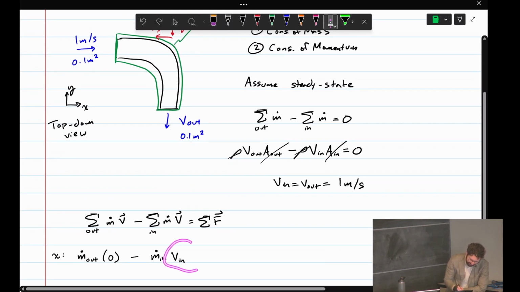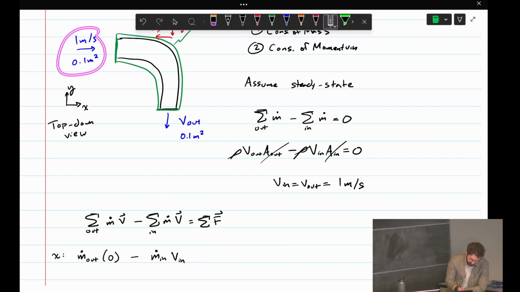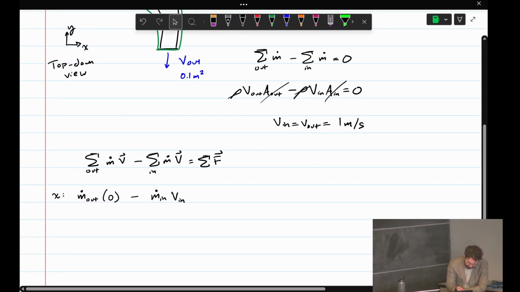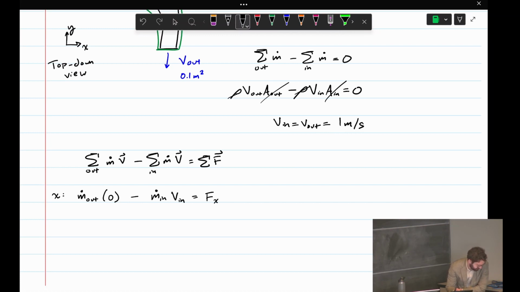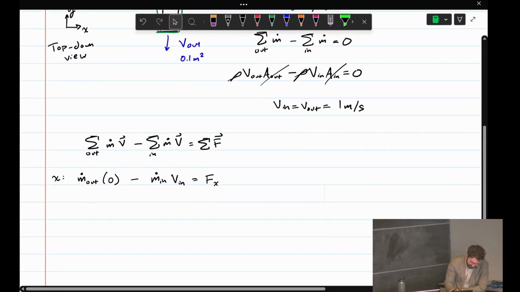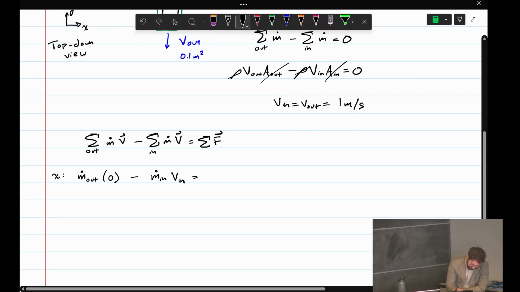So v in is positive here because it's in the positive x direction. So remember, this is a vector, so you have to be careful about the negative signs. The x forces, we just have Fx. Am I going to get the opposite direction here? Oh no, Fx I said was a negative, right? So negative Fx.